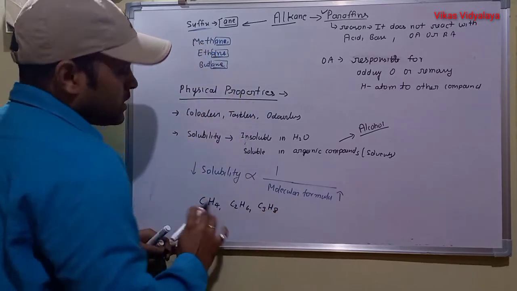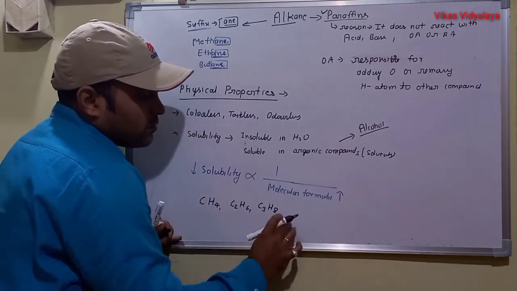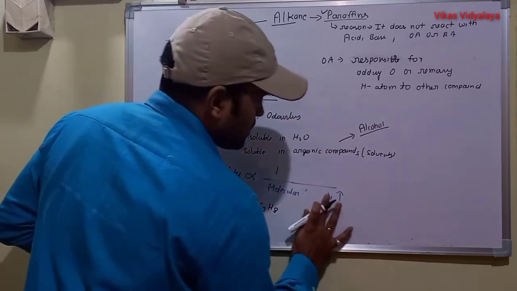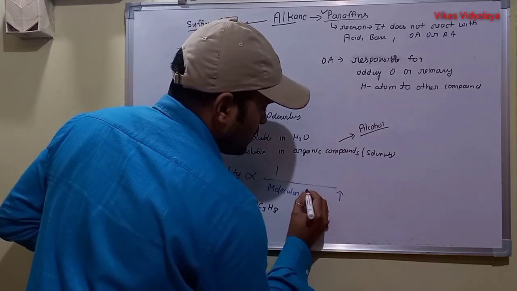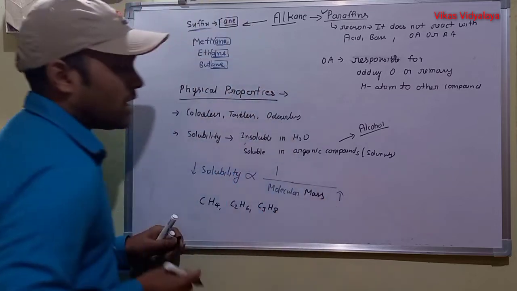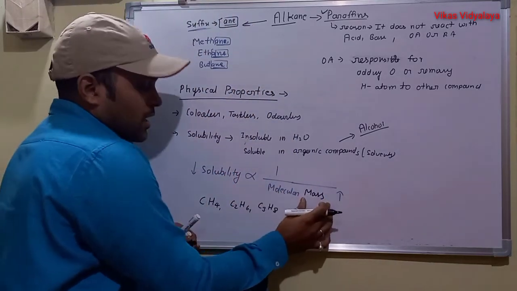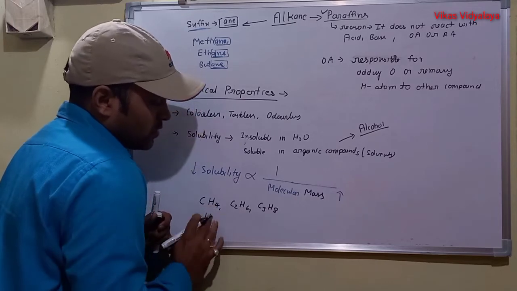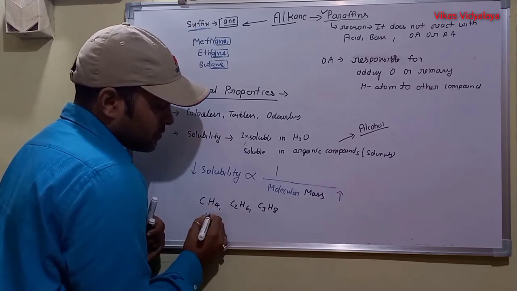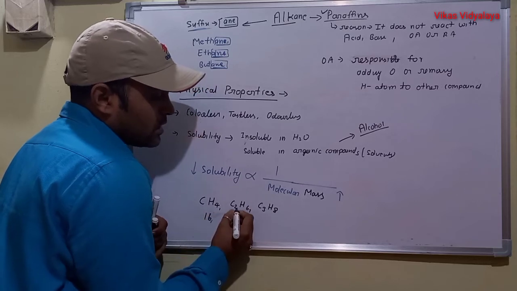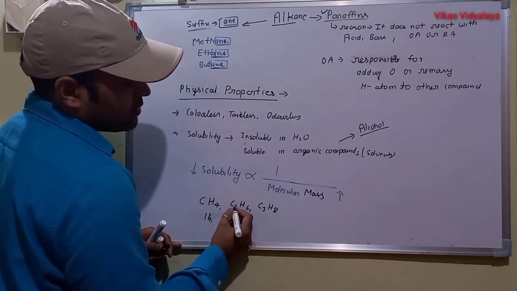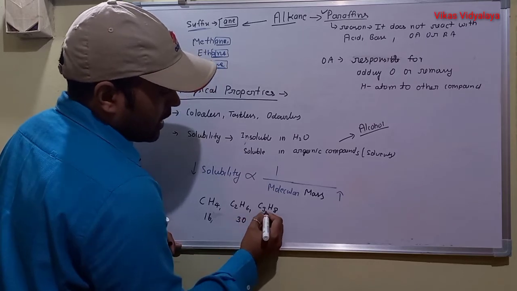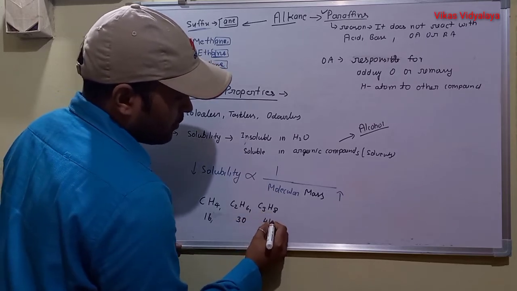First I will take all the molecular masses. Here it will not be formula, it will be molecular mass. The molecular mass of CH4 is 16. Here C2H6 has 12 times 2 is 24 and 6, so it is 30, and here 44.